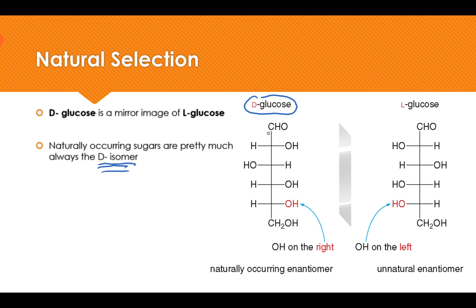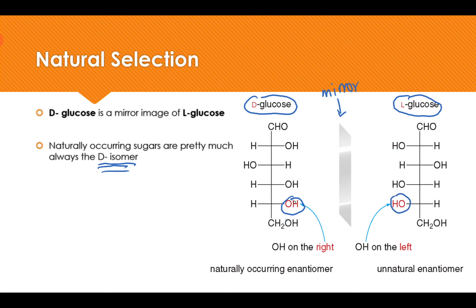But this is D-glucose, our most common sugar, and you can see its OH is on the right. Its enantiomer would be L-glucose because they would have a mirror image. You can see that all of them are flipped.